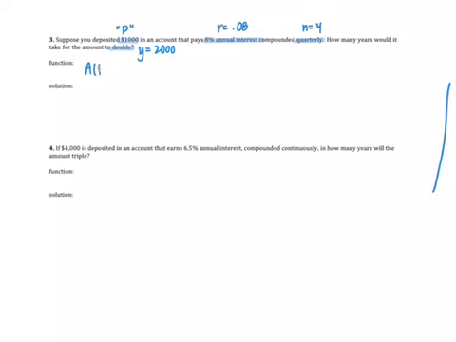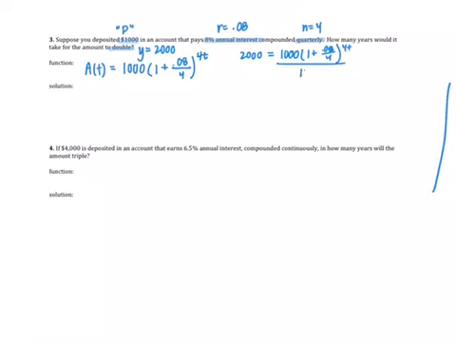We've got A of T equals our starting amount, which is 1,000, times 1 plus 0.08 divided by the number of times it's compounded, so N is 4, and then to the 4t. So that's my equation. Now I'm looking for when y is 2,000, so I'm going to go ahead and solve. 2,000 equals 1,000 times 1 plus 0.08 divided by 4 to the 4t.